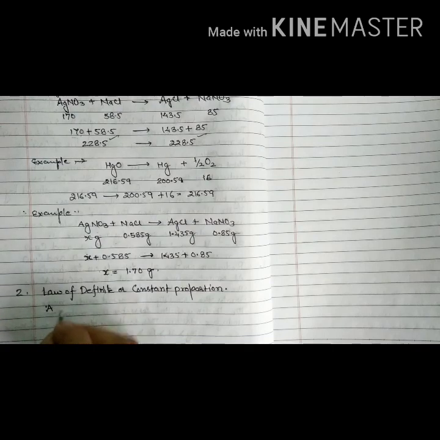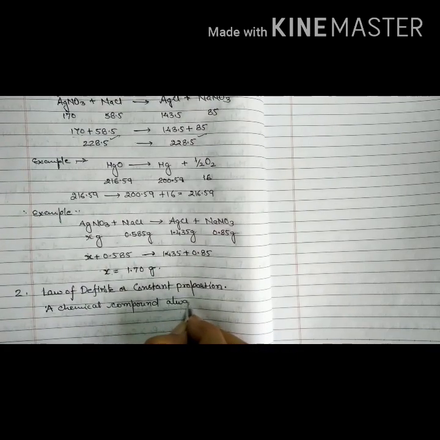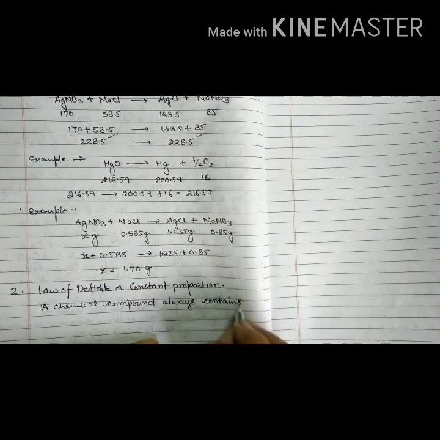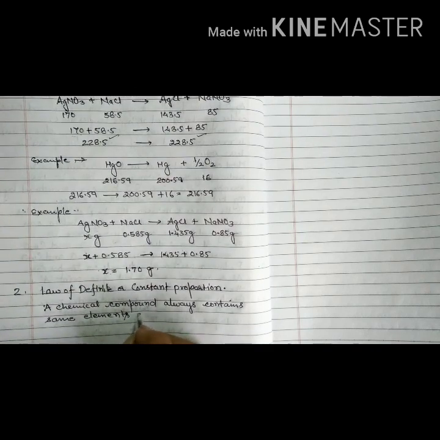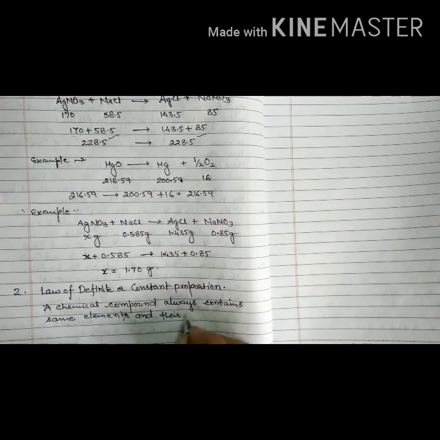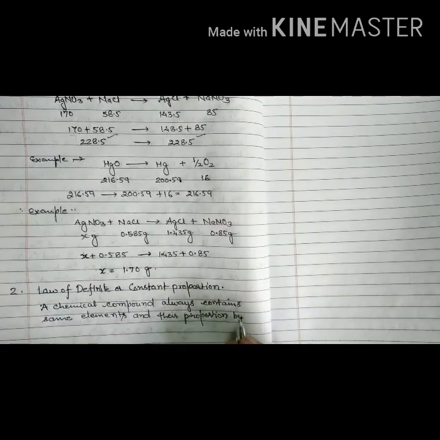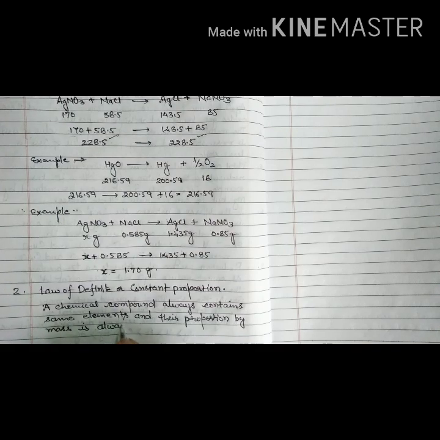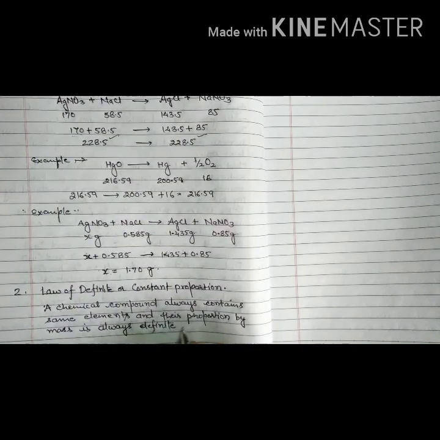The definition is: a chemical compound always contains the same elements and their proportion by mass is always definite and constant.